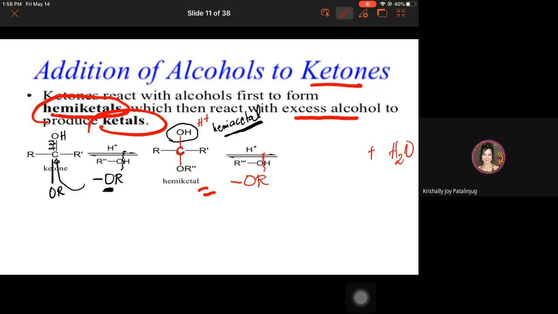Maayo gyud na inyong dumduman. Basta OH nga part sa molecule na-protonate siya, that will form water, that will be removed in a form of water. Unsay mopuli? Kani imong gi-add. Unsay purpose sa imong gi-add kung dili siya makita sa structure, di ba? So kana siya ang mupuli sa OH nga part. And this is a ketal.